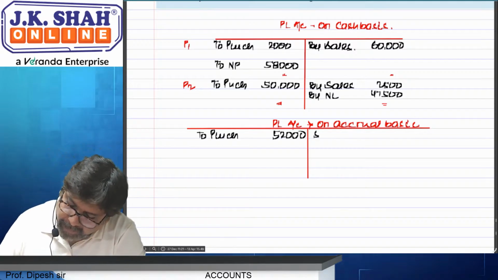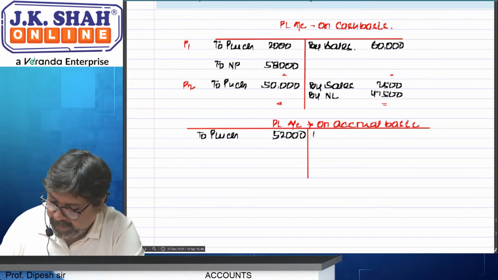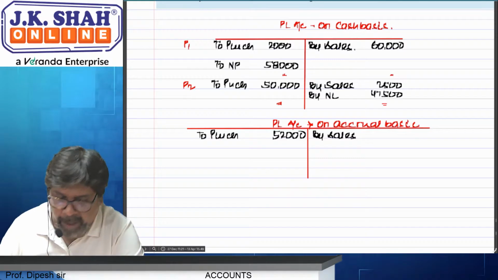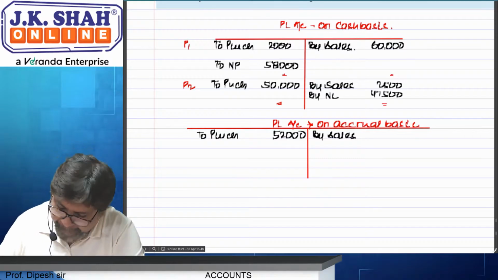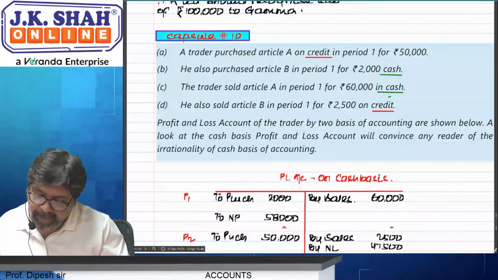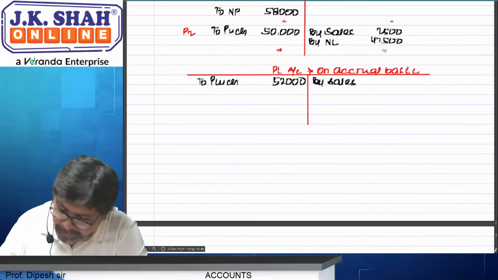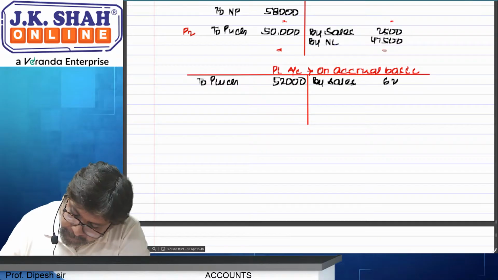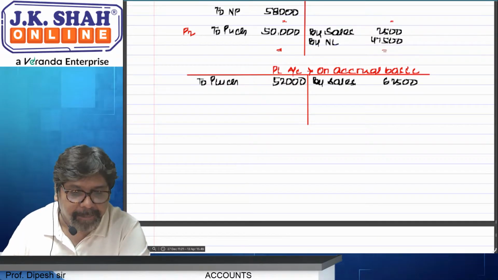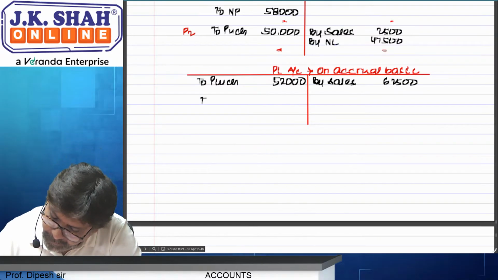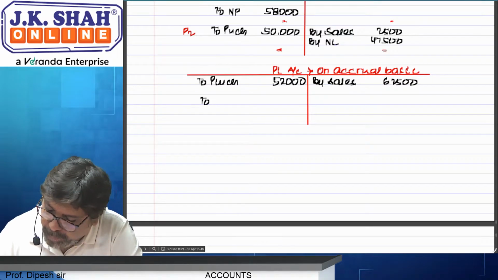By sales. Sales is how much? 62,500. 60,000 plus 2,500. Correct? So to profit, how much?